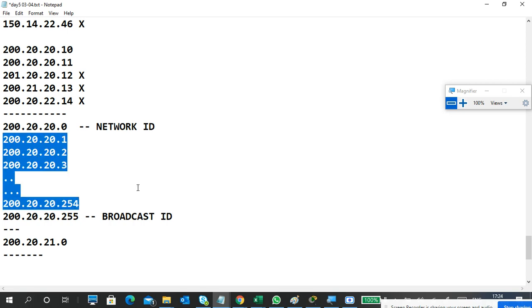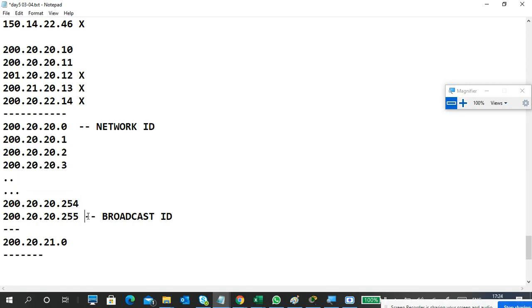Within this network, certain protocols want to broadcast to everyone within that logical network only. We use the destination IP address as this one, 200.20.20.255, just for an example.